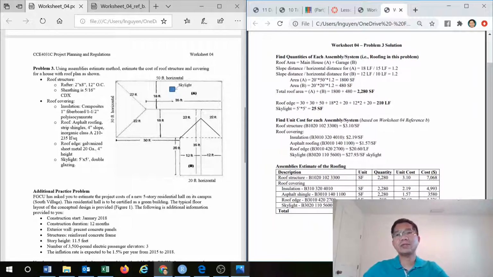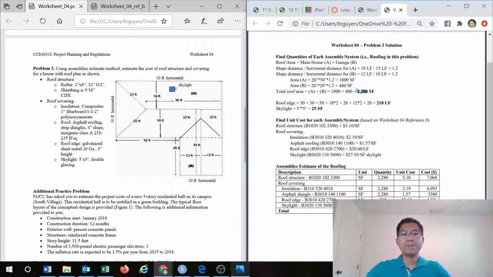Makes sense? Then area B, we do the same, find the horizontal area, 20 times 20 is 400, times 1.2 is 480. Add those two and you get 2,280 square feet. As you can see, very fast.